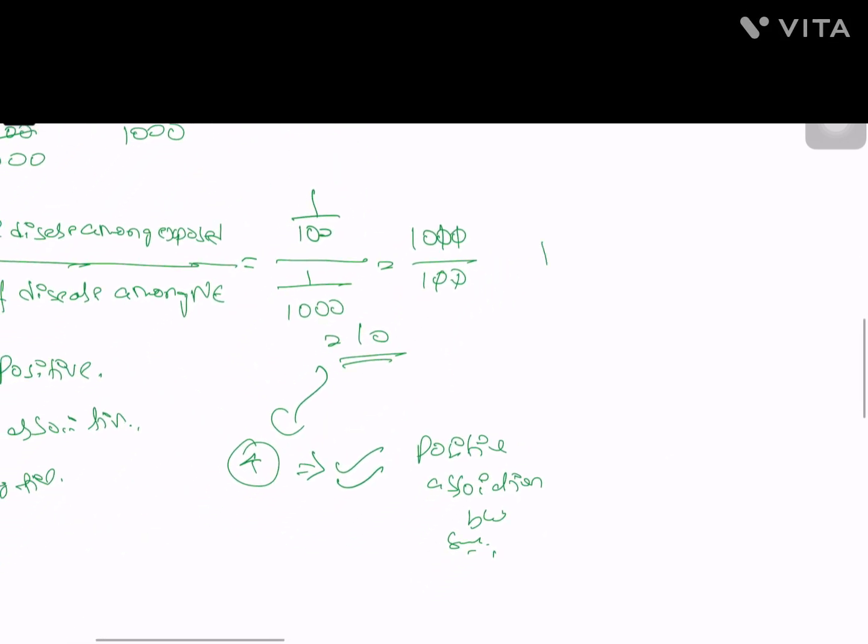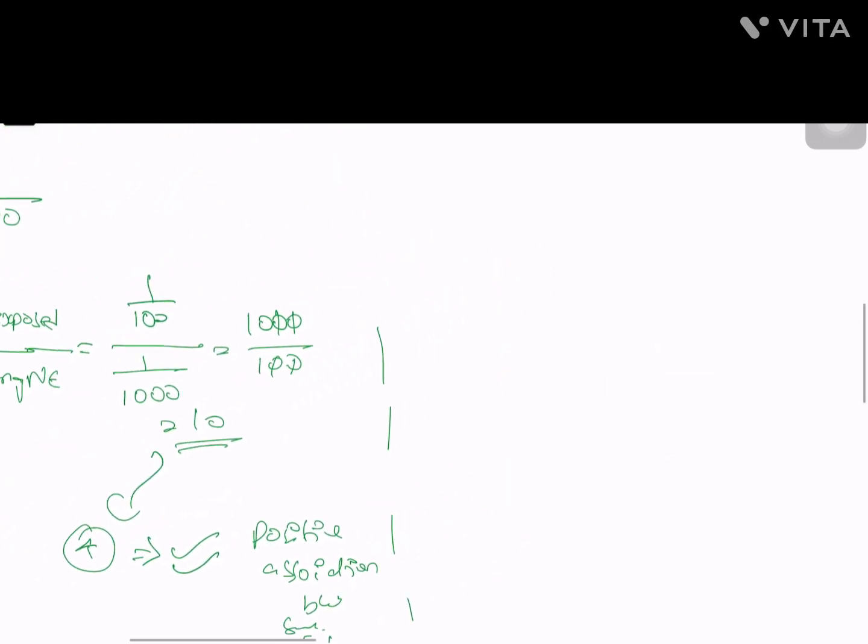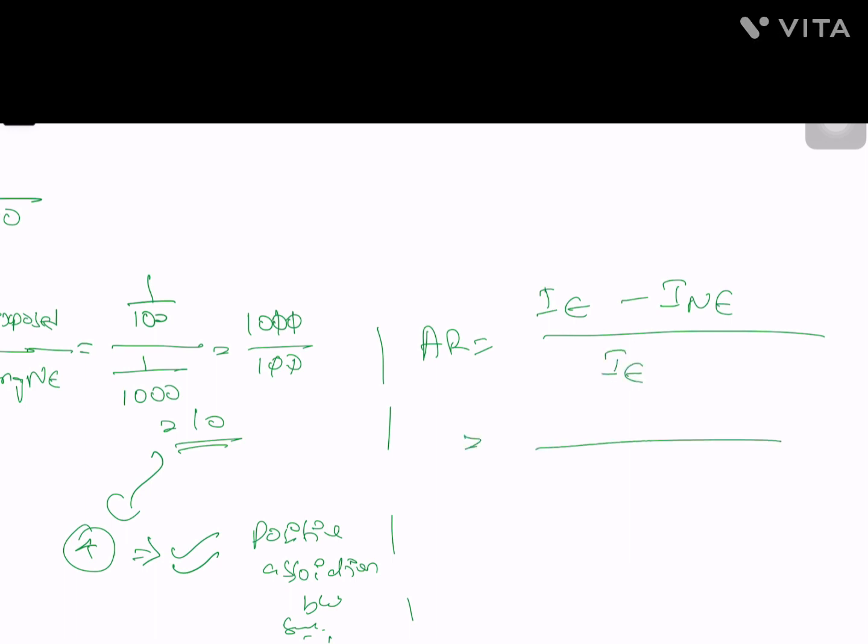Next we have to calculate attributable risk. Attributable risk is incidence among exposed minus incidence among non-exposed, by incidence among exposed. Incidence among exposed is 1 by 100, minus 1 by 1000, by 1 by 100.